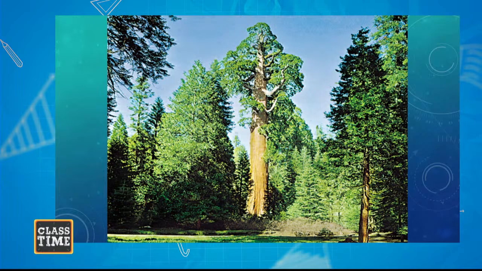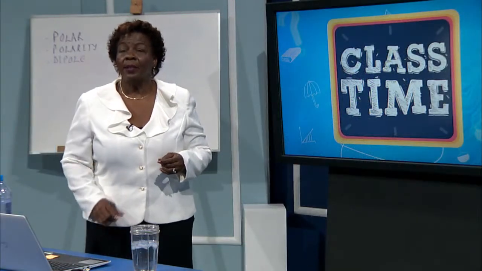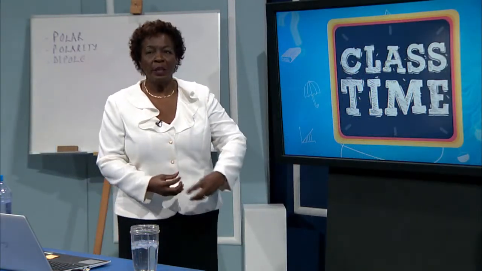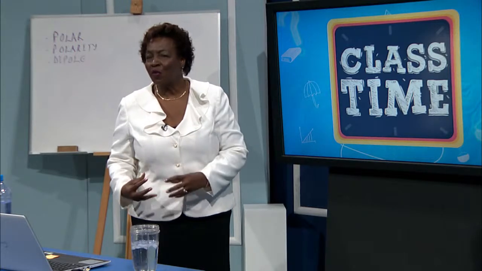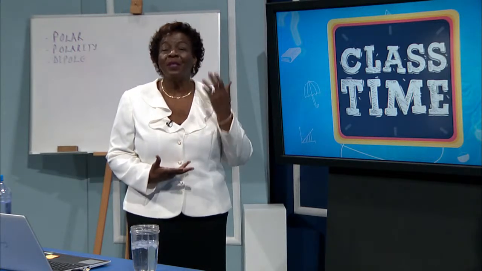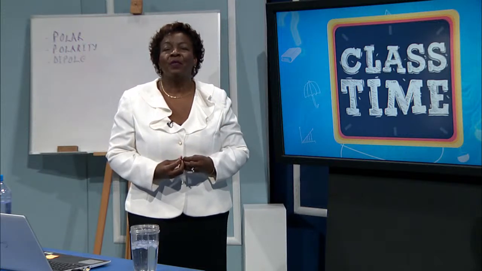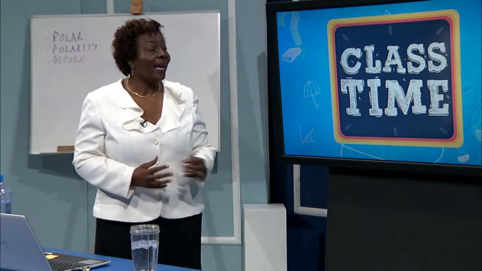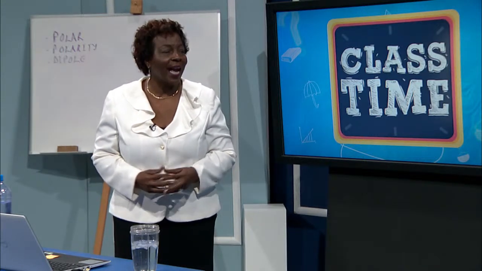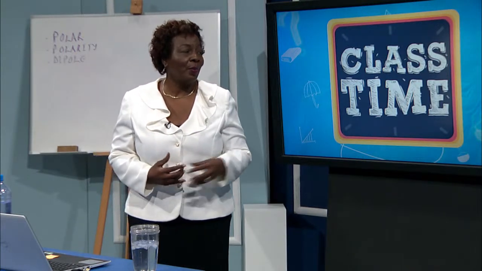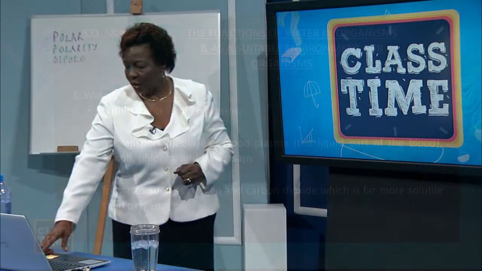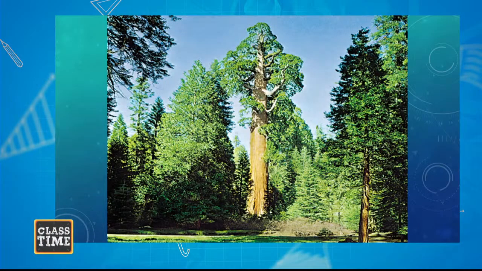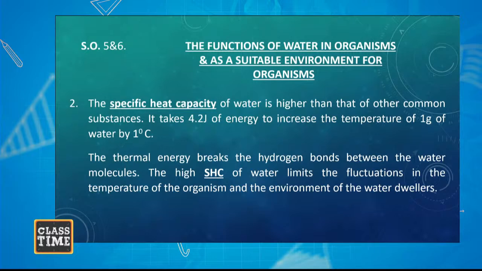And that's because of the role of water being able to pass through the very narrow xylem vessels, and as a result, take minerals from the growth medium through the roots, up the stems, to the leaves and the crown of the tree so that it is able to survive. In addition, water has gases such as oxygen and carbon dioxide dissolved in it. Carbon dioxide is far more soluble than oxygen, but it is also very important in the scheme of things.